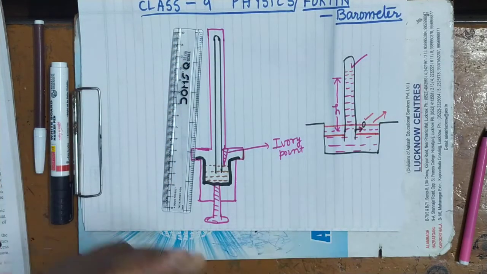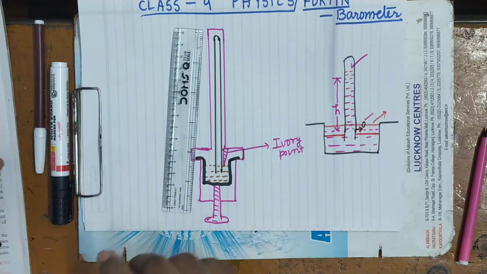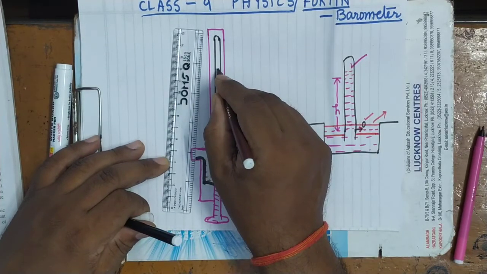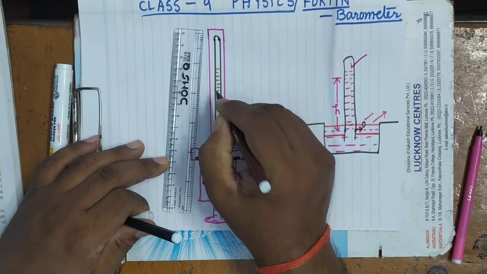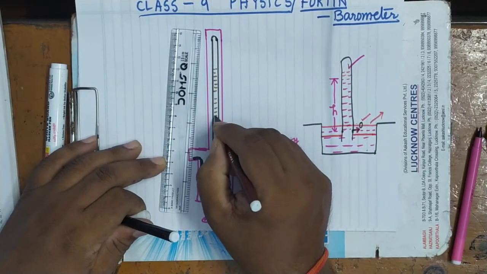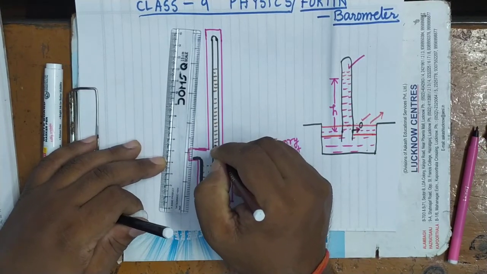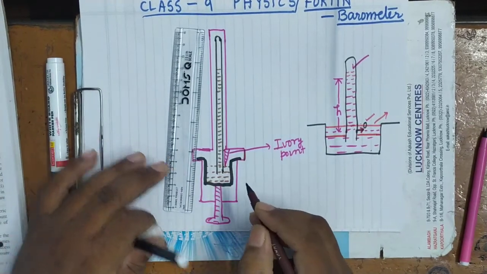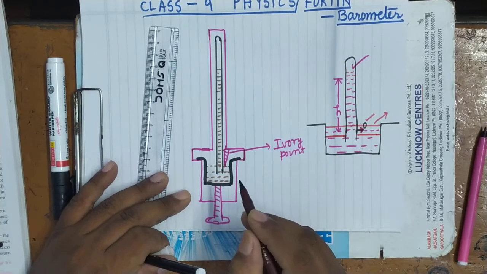It's clear. When you will immerse it in this, what will happen? The mercury level will descend and it will come to rest at what height? Nearly 76 centimeter from the free surface of mercury in the trough. It is clear.